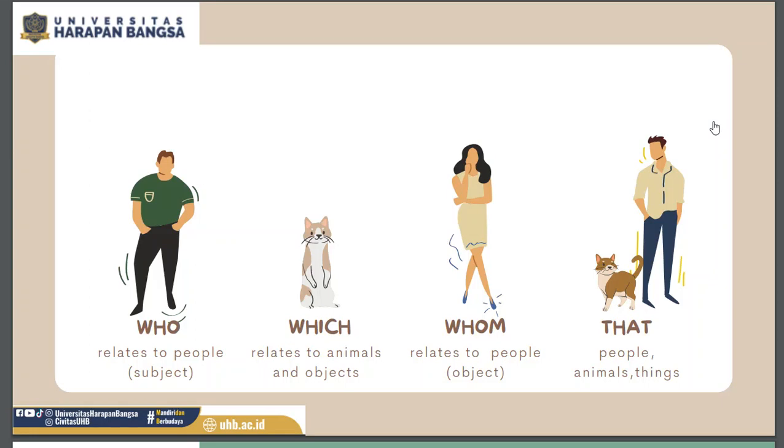Who relates to people, which relates to animals and objects or things, whom relates to people, that relates to all of them: people, animals, and also things.